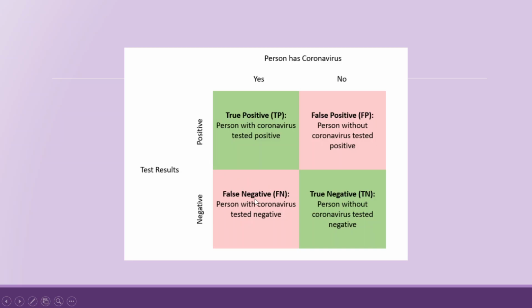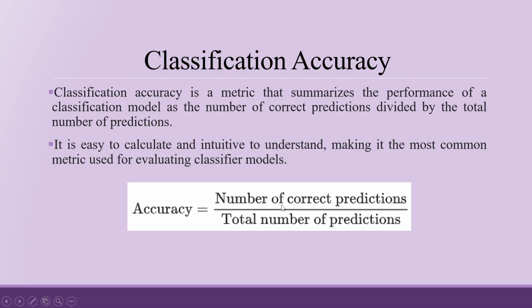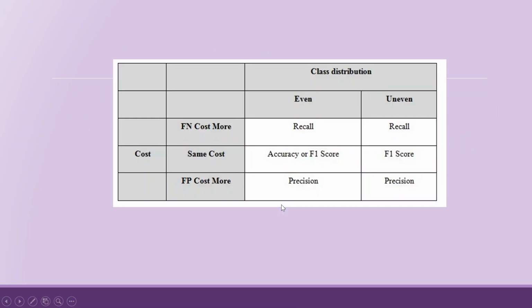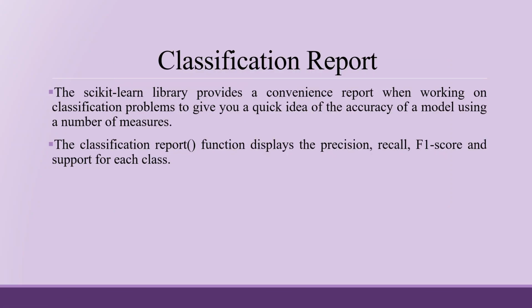So here the weightage is different and therefore we can say that in such a scenario, false negative importance is more. False negative cost is more, and there can be a scenario where false positive cost is more. So in different scenarios, we will have to use different classification metrics.